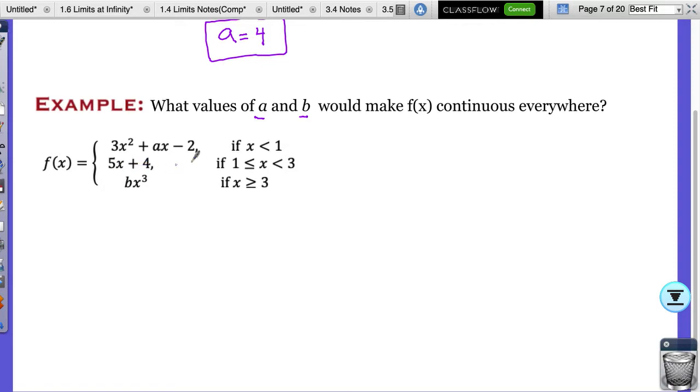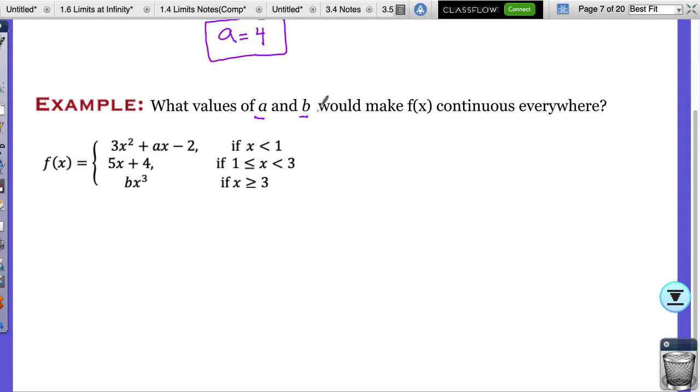I'm using this linear when I'm between 1 and 3, and I'm using this cubic when I'm greater than 3. Besides the fact that we have a piecewise function, we're good everywhere on this x squared. A polynomial is continuous everywhere. It's defined. So is a line, so is a cubic function. So the only places we need to look for those discontinuities are where the pieces match up.